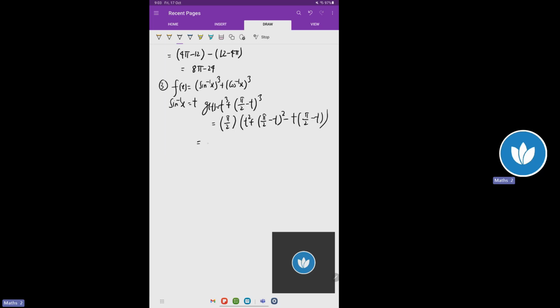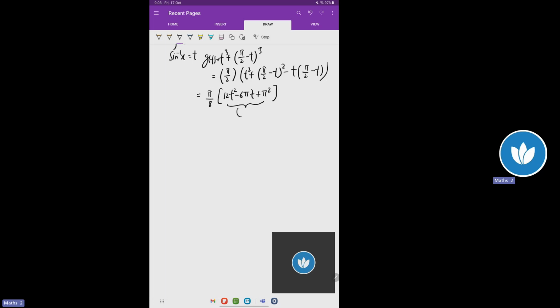If you simplify this, you will reach pi by 8 into (12 t square minus 6 pi t plus pi square). Now this is clearly a quadratic in t. Its vertex would be at t equal to minus b by 2a, which is pi by 4 actually.